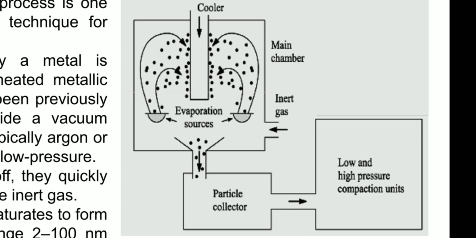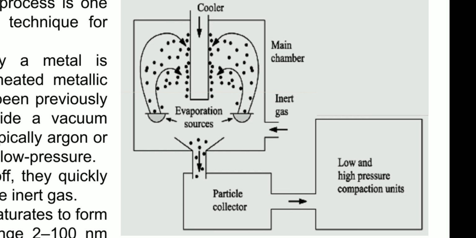Here you can see a schematic image of the inert gas condensation technique, where basically there is a chamber. The big square represents the chamber, called the main chamber. Then you can see there are some cuvettes, where you can keep your source material.